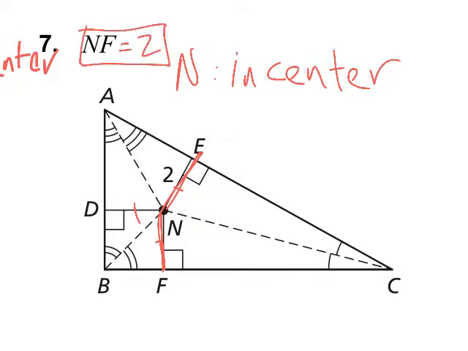Pretty basic stuff here. The hard part when we mix all of these different centers together is just deciding what you're looking at. Once you figure out what you're looking at, the math is pretty easy. Okay, let's go to page 3 and learn about one more center.